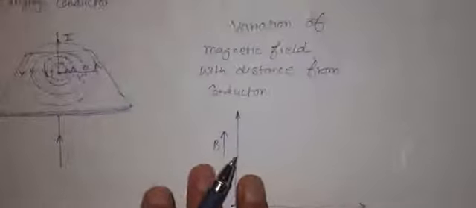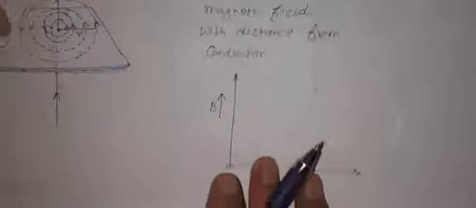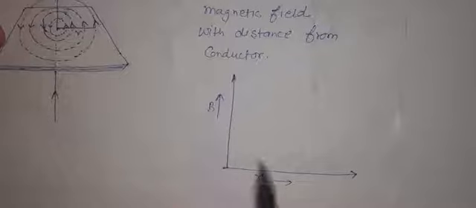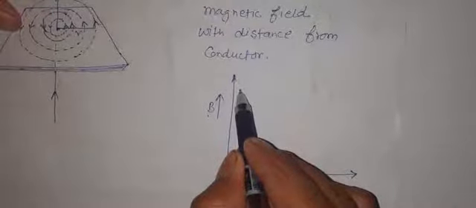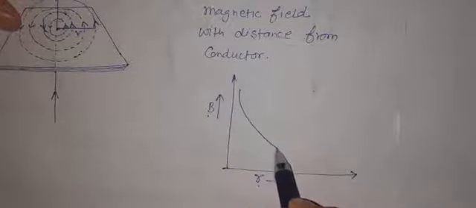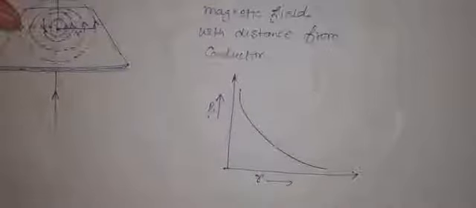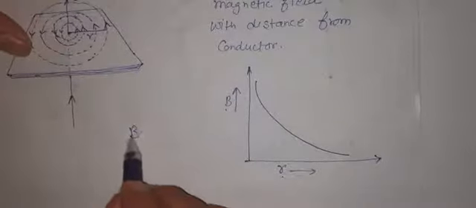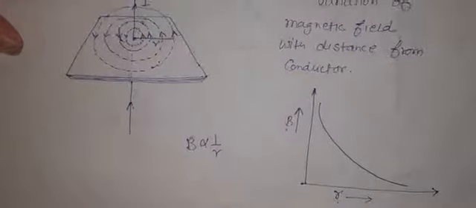Thus, for the variation of magnetic field with distance from the conductor, on one side is the magnetic field and on the other side is the distance from the conductor. We observe that when the distance is smaller, the magnetic field is higher, and when it increases, the magnetic field starts to decrease. So there is an inverse proportionality between the distance and the magnetic field.